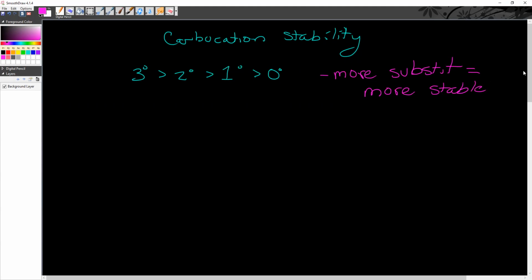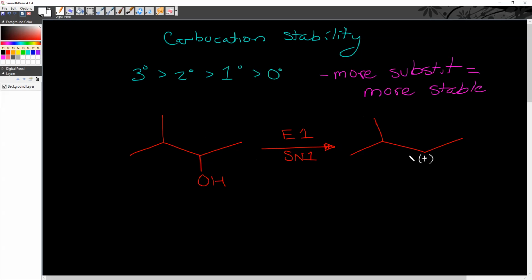So, to answer your question about whether a carbocation shift can occur from anywhere: yes and no. If you have a compound like this and you're doing some sort of reaction where you're generating a carbocation, maybe E1, or SN1, or something analogous, where you end up with a positive charge here, a carbocation rearrangement or shift will only happen when we can go up in stability from where we are.